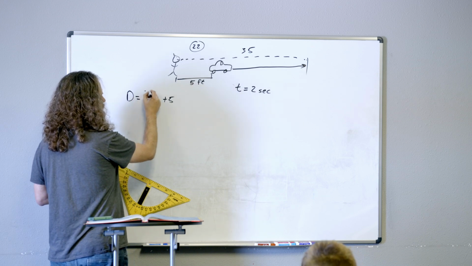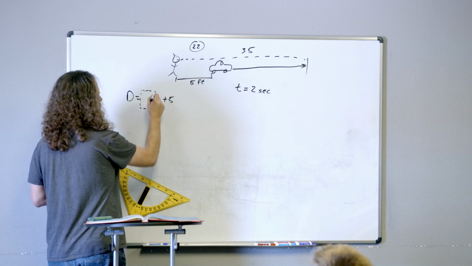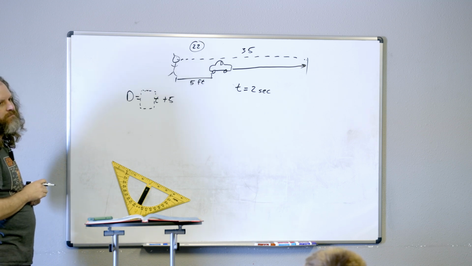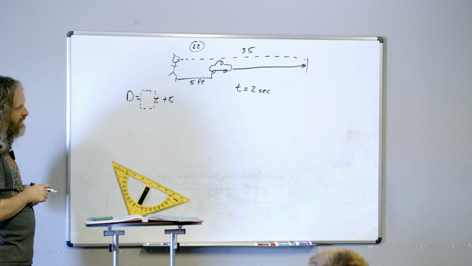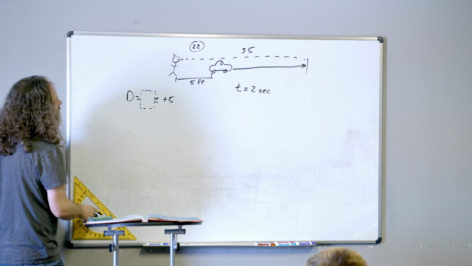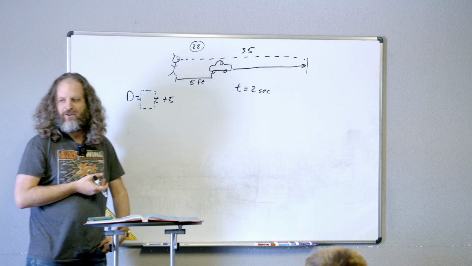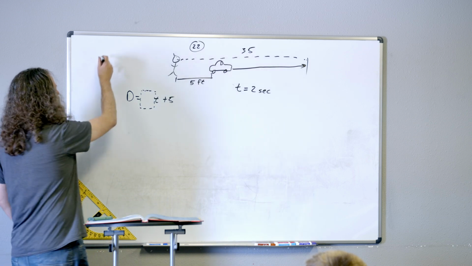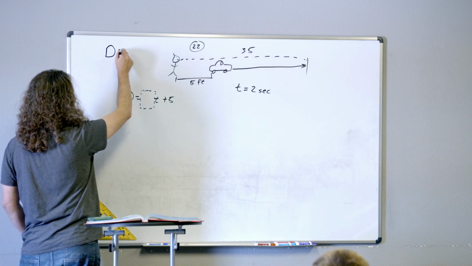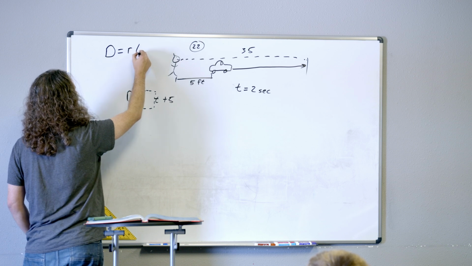So we need to figure out what this something is. In your science class, you should have learned that distance, rate, and time are related like this. Distance equals rate times time.